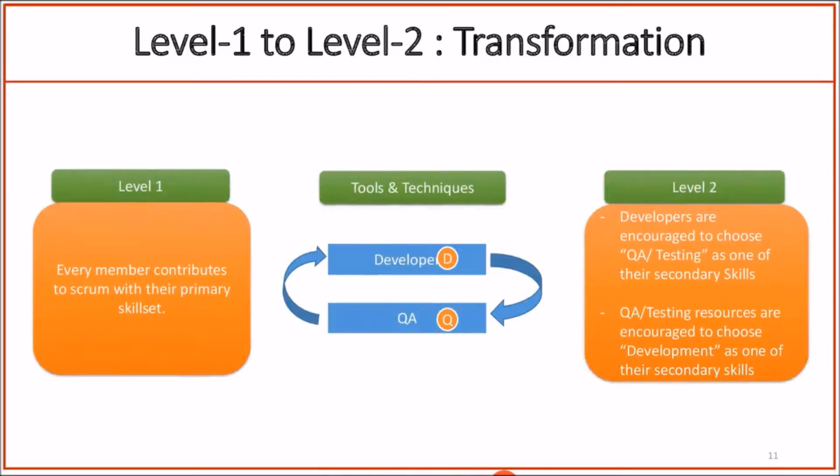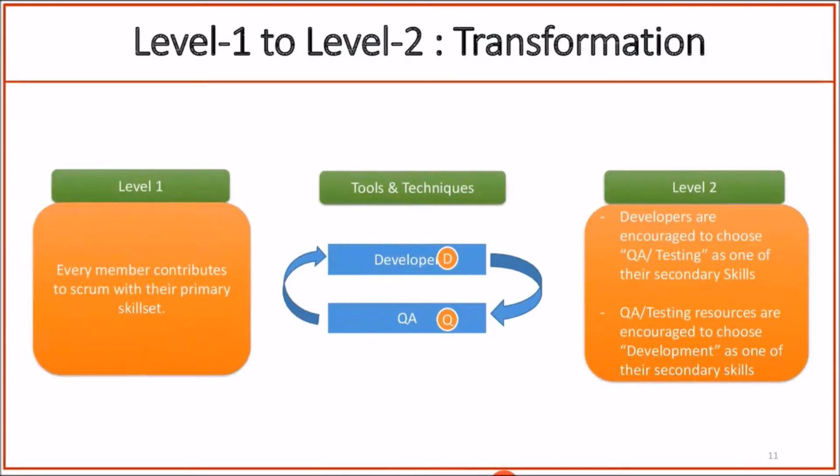what makes us go from level 1 to level 2 transformation? Okay, here developer and quality assurance people. Whenever I say QA, please understand a person who is a tester or quality assurance person. Okay, for the developer and QA, both of them, we encourage them to learn another skill as their secondary skill.